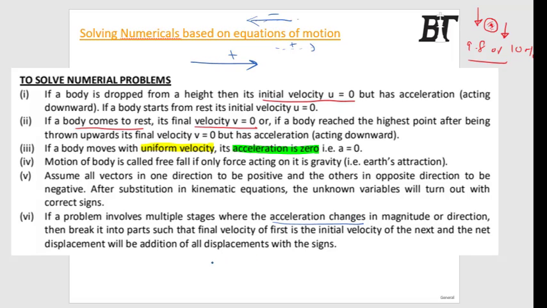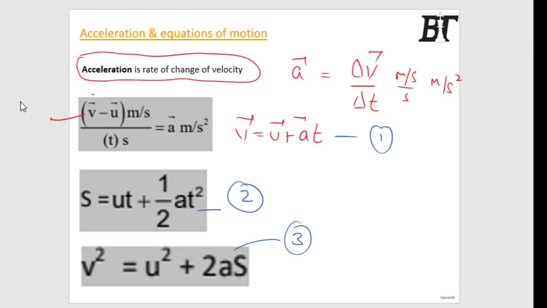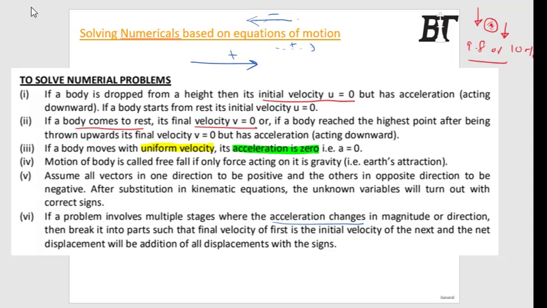If sometimes you encounter a problem where एक्सेलरेशन चेंजेस थ्रू आउट द क्वेश्चन, है ना, एक्सेलरेशन भी कांस्टेंट नहीं है, तो हम अपनी इक्वेशंस ऑफ मोशन नहीं लगा पाएंगे, बिकॉज ऑल दीज थ्री इक्वेशंस ऑफ मोशन आर बेस्ड ऑन यूनिफॉर्म एक्सेलरेशन. सो नाउ व्हाट डू वी डू? सो व्हाट वी कैन डू इज वी कैन ब्रेक द प्रॉब्लम इनटू सेवरल पार्ट्स सच दैट द एक्सेलरेशन इन ईच पार्ट इज कांस्टेंट. तो अगर ऐसा बोला है कि अ पार्टिकल गोज फ्रॉम ए टू बी विथ एन एक्सेलरेशन ऑफ 2 meters per second square, and then from B to C with an acceleration of 4 meters per second square, तो अपन क्या करेंगे?